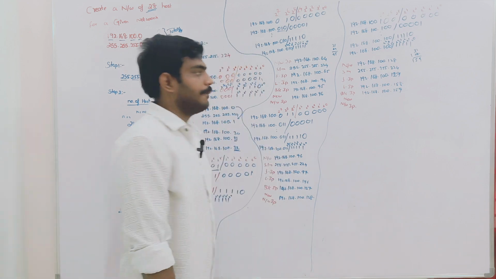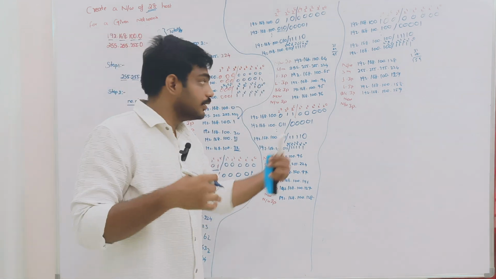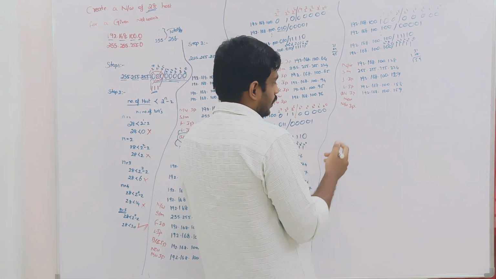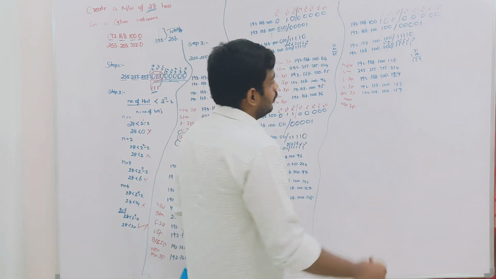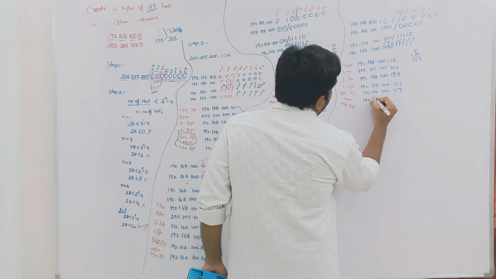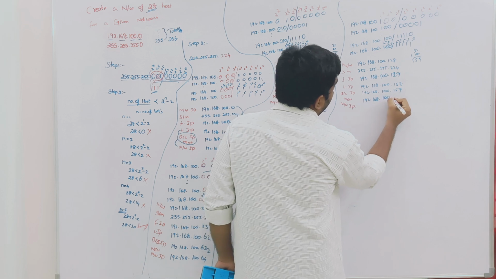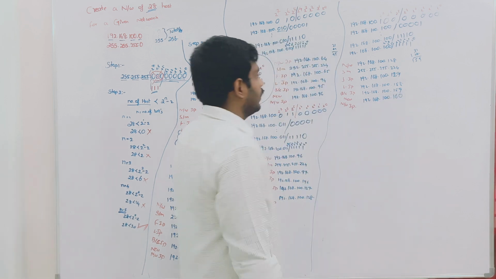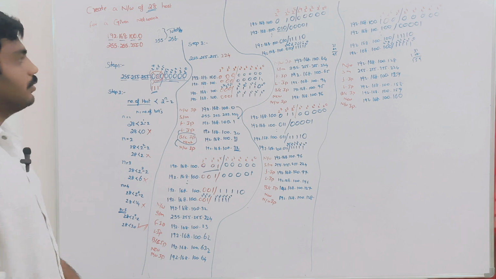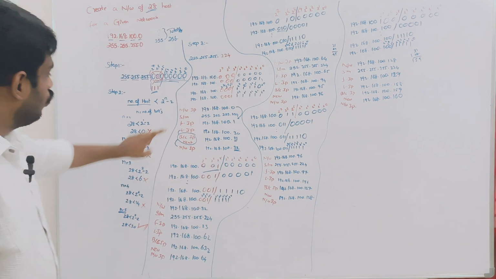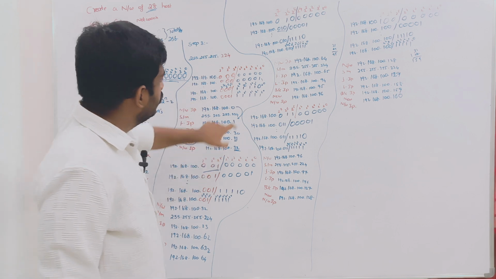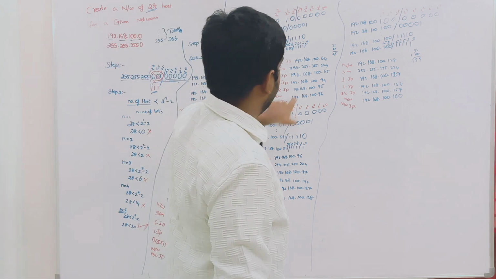What will be our next network IP? The next network IP will be 192.168.100.160. Okay. So how many networks did we create for the host having 28? So 1, 2, 3, 4, 5.